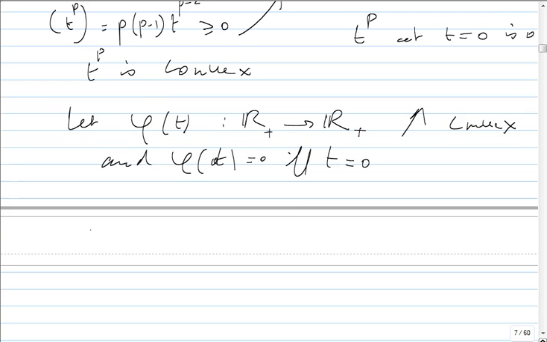And now they define little l phi and capital L phi. So what is capital L phi here?